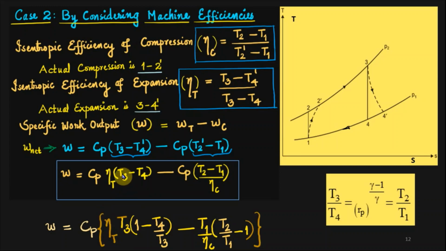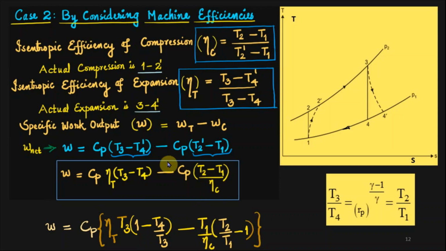Now from T3 minus T4 you take T3 outside. So T3 into 1 minus T4 by T3. And now from the second term Cp has already been taken out, and then into T1 that you are taking out now. T1 divided by eta C is already there in the denominator.